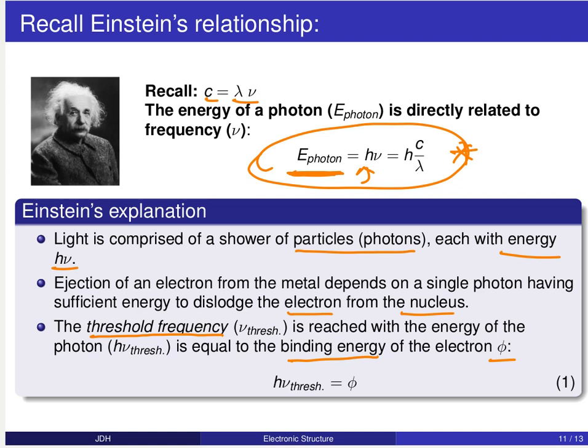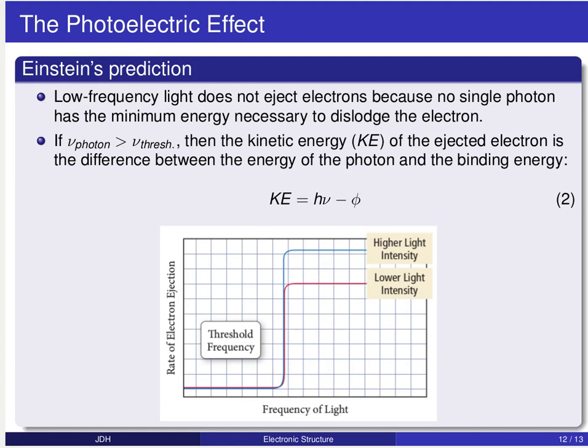And so this is a pretty nice explanation. Things start to fall into place. According to Einstein's prediction, if you have low frequency light, then there's not going to be any electrons ejected, because no single photon has enough energy to reach this threshold frequency.